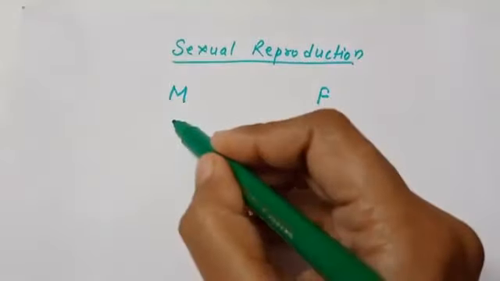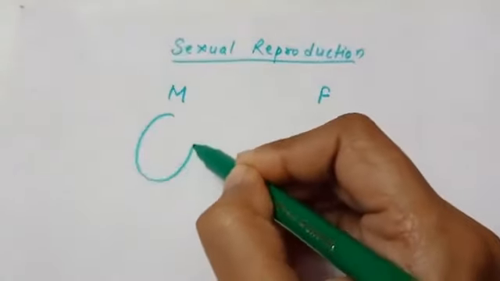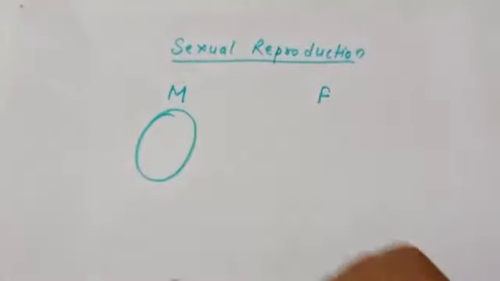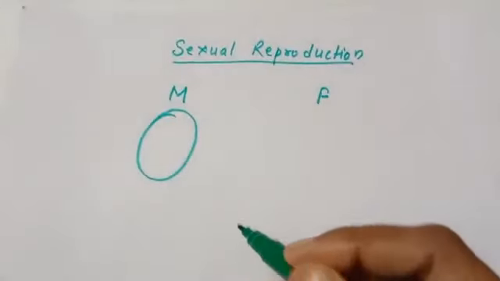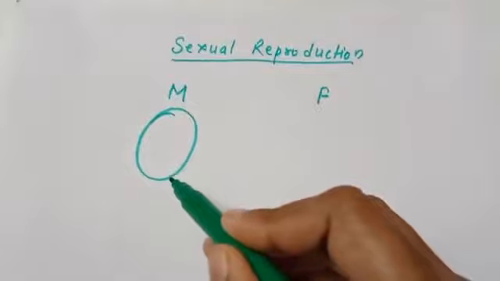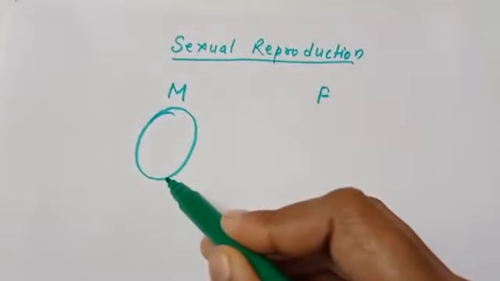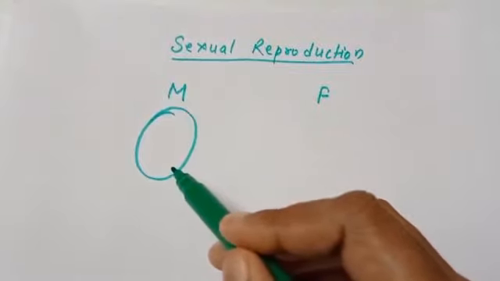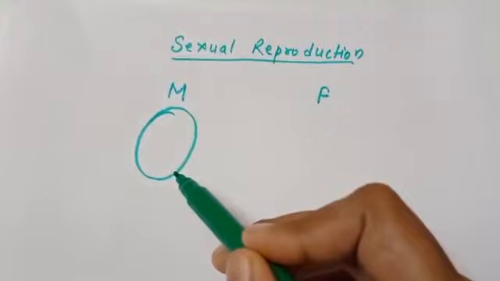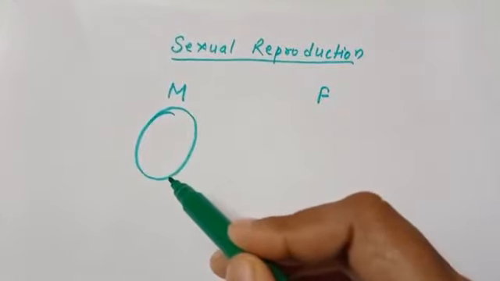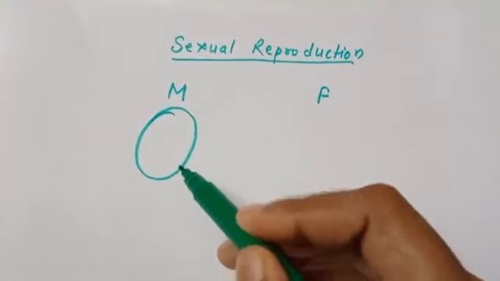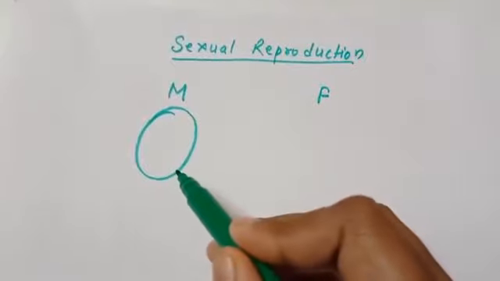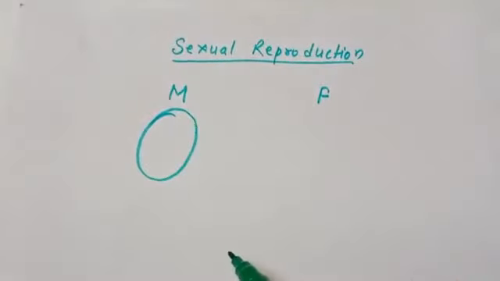Now, the germ cell of a male is called a sperm. Here, this structure I've just made represents one germ cell. Although the male germ cell is a sperm, which has a different structure with a tail-like structure, here, just to represent a cell, I'm just drawing it like this.